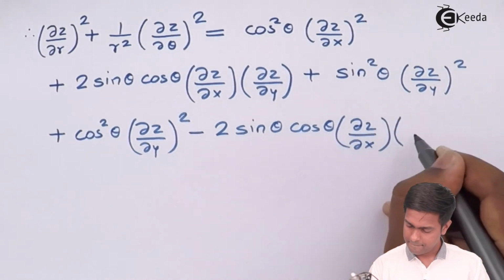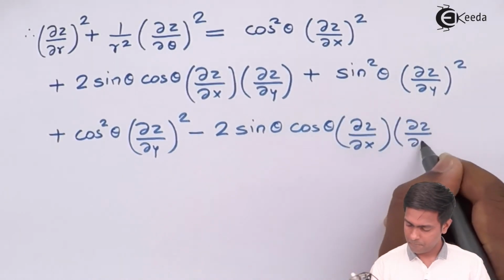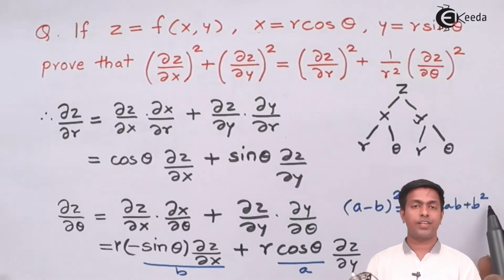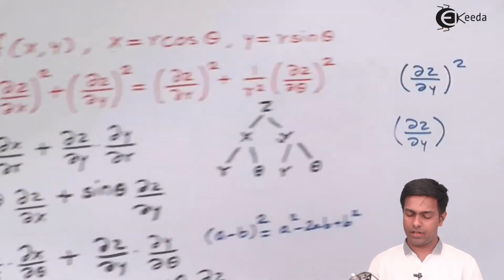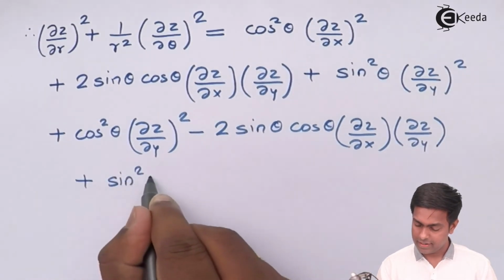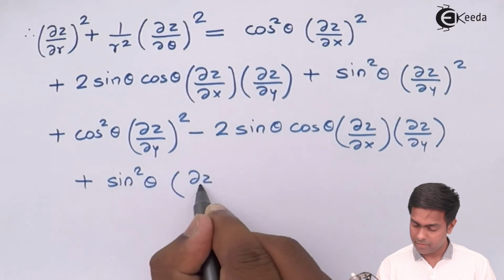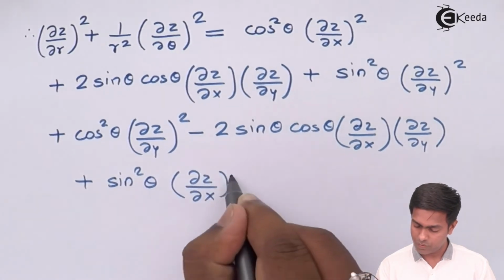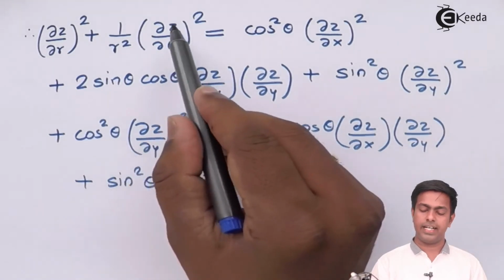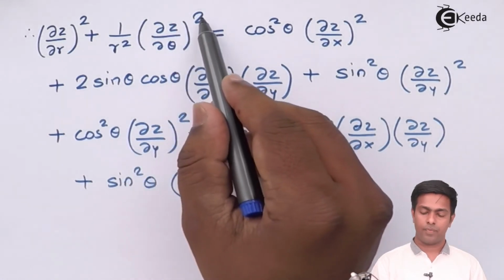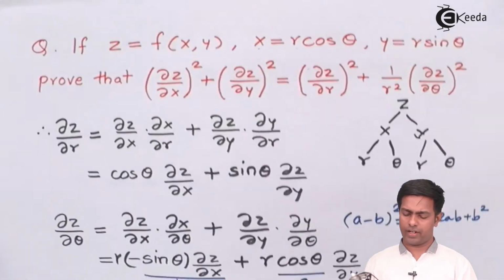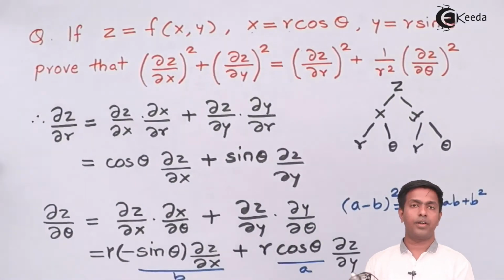And then we have b square. So square of this is positive sine square theta into del z by del x the whole square. So guys, here I got the expansion of this del z by del theta the whole square, and 1 upon r square is eliminated because here we have taken r square common.